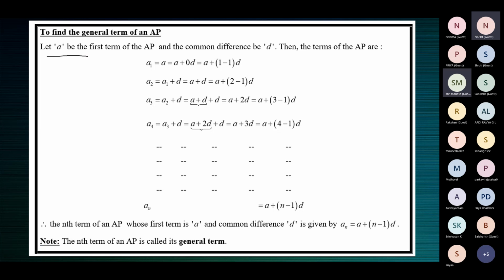Let A be the first term. To generate the terms of an arithmetic progression, we need the first term and the common difference. If you know the first term but not the common difference, you cannot find the terms of the AP.